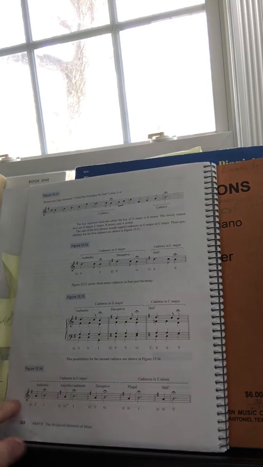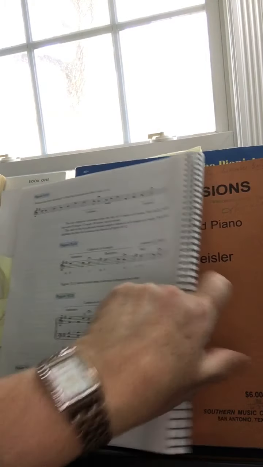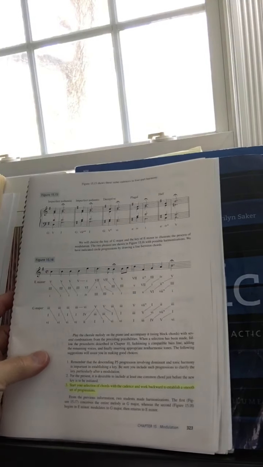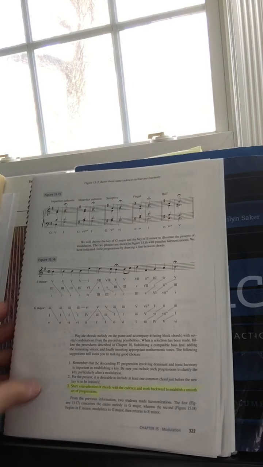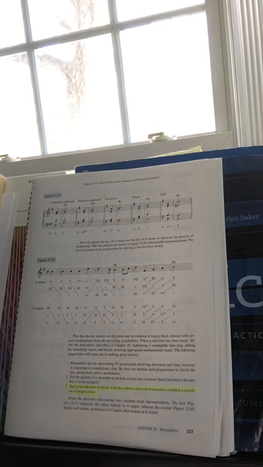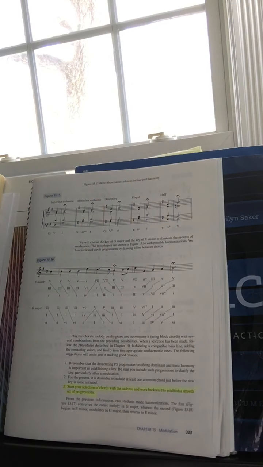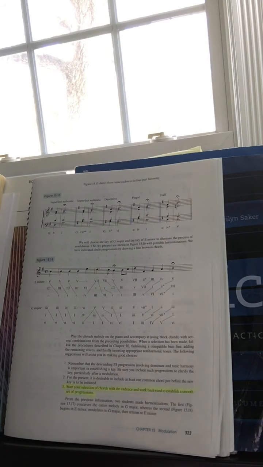Those are all the possible harmonizations you could have of that cadence. Then going in 4-part harmony: 5-1, 7-1, 5-6, 6. In E minor, 4-1 or 4-6-5.